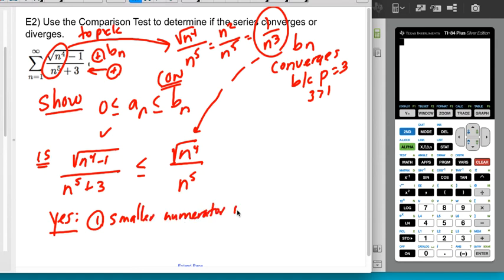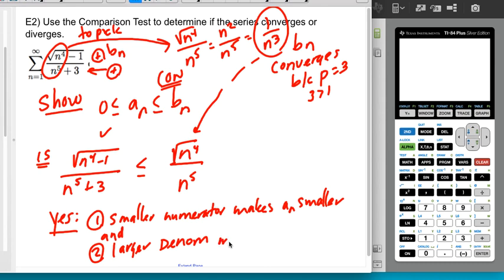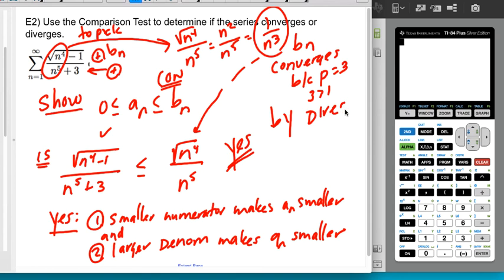Smaller numerator makes the fraction smaller. And at the same time, a larger denominator is another factor that makes something smaller. So a larger denominator makes a sub n smaller. So a sub n is definitely smaller. So the answer is yes, this is true. So by direct comparison, or by the comparison test, this thing converges.